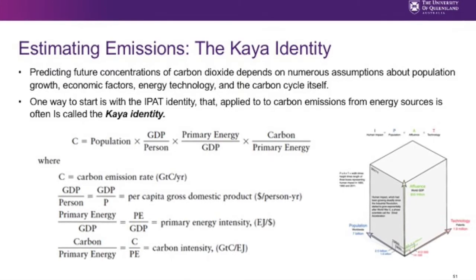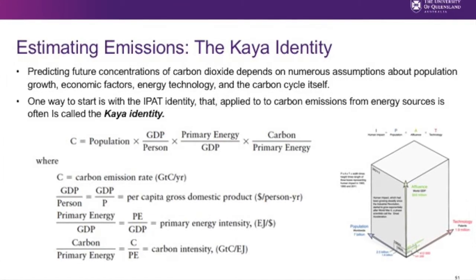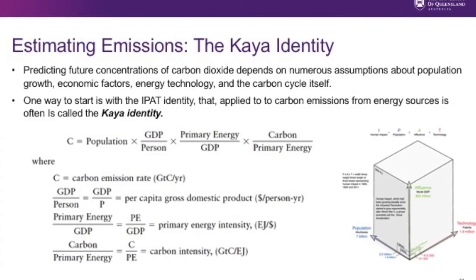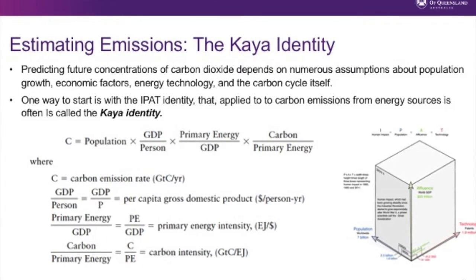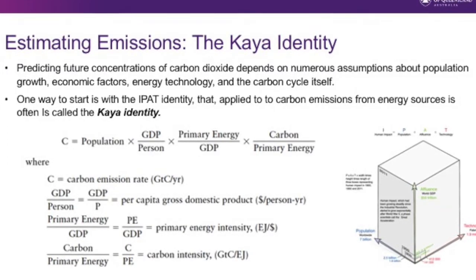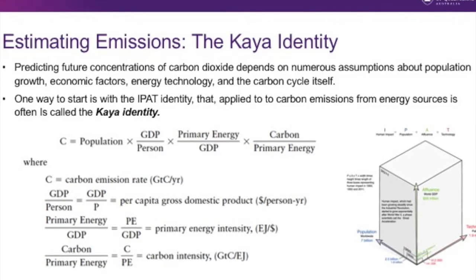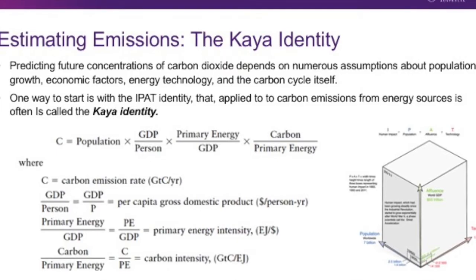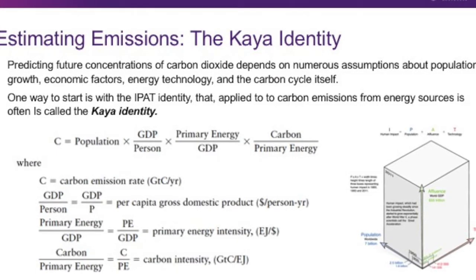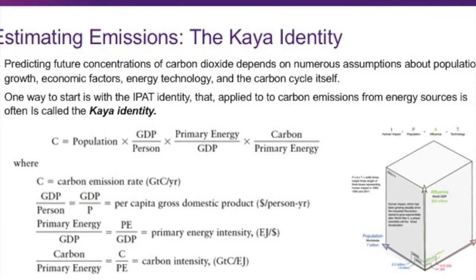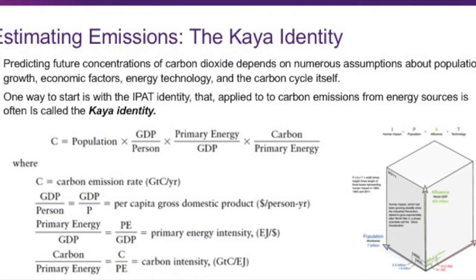And this one uses population, per capita gross domestic product, primary energy, and carbon intensity to determine the carbon emission rate, which is in gigatons of carbon per year. So with the Kaya identity, we can estimate the current or the future carbon emissions depending on different scenarios or different measurements that can be taken.